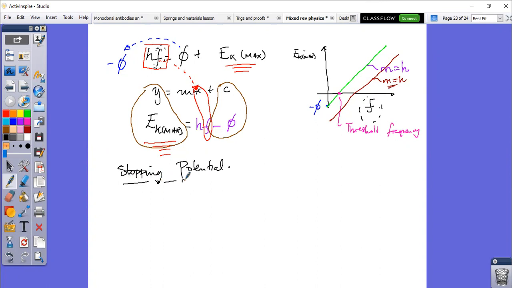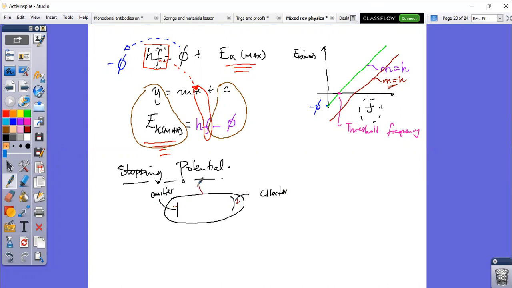Now, if I have a photocell, as before, there we go. I've got my collector here, and I've got my emitter. And this is my collector. And my collector would have to be positively charged. And this is negative.